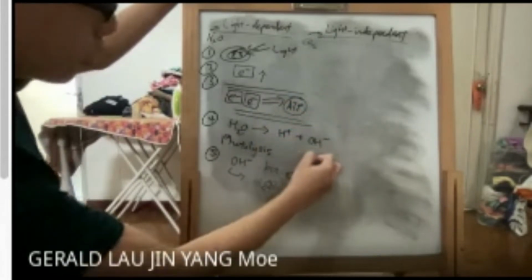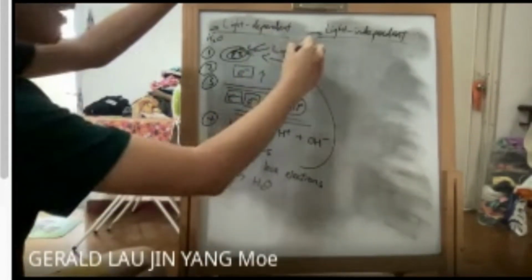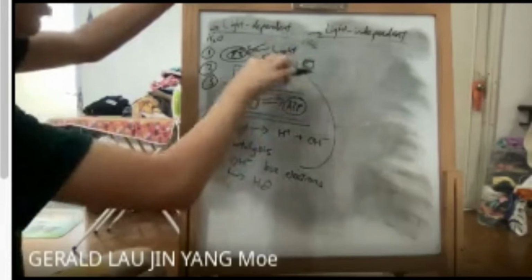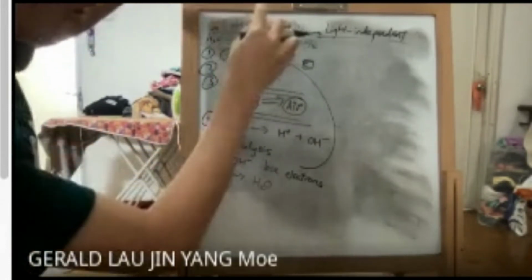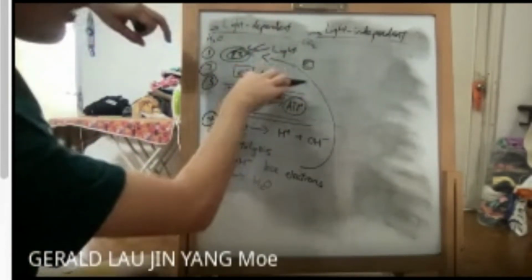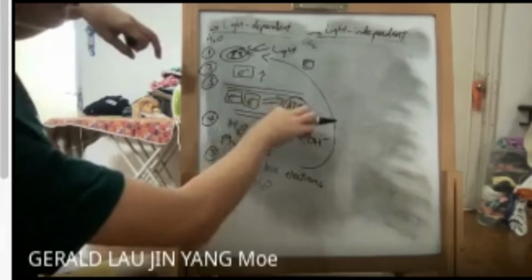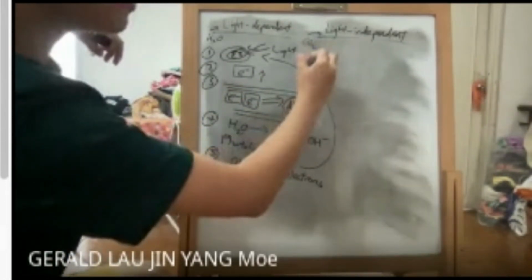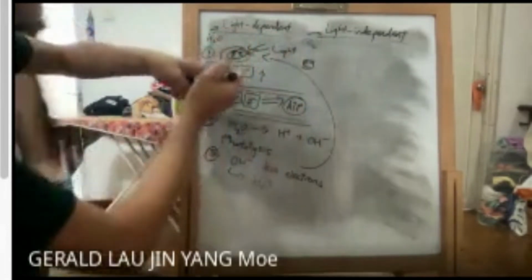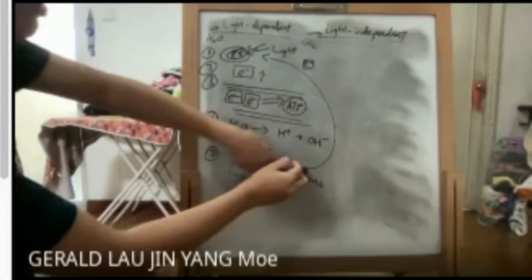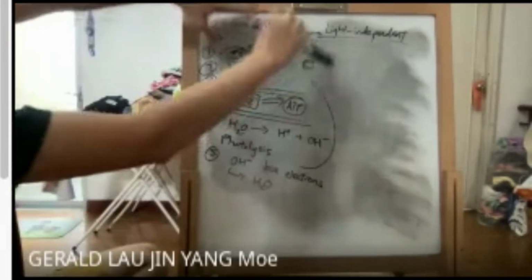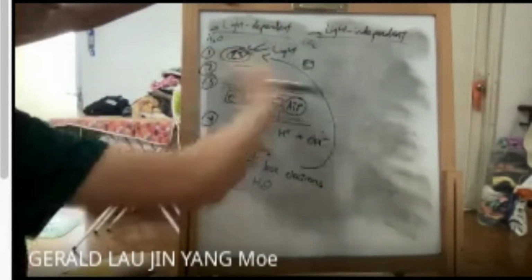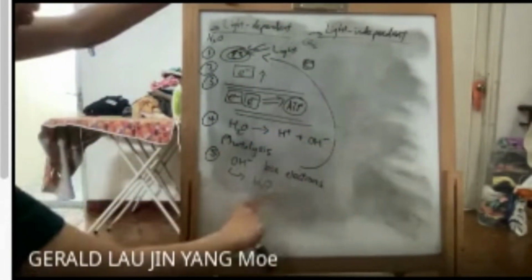This electron will go back up here to replace the one that is excited. In the chloroplast, the electron is excited and goes through the electron transport chain, and later on we'll see where it goes. So the hydroxide ion loses the electron and goes here to replace the one that is already lost, and then you form water again.